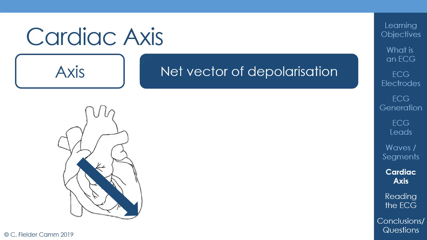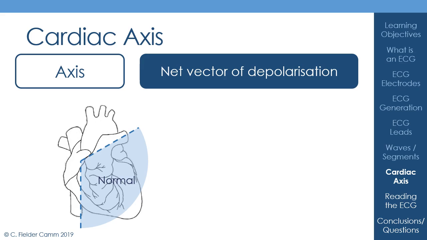Now, obviously there's a significant amount of individual variation, and so it's been defined, having looked at this in many different people, that the normal axis is about 120 degrees in size and is along this general top right to bottom left direction.